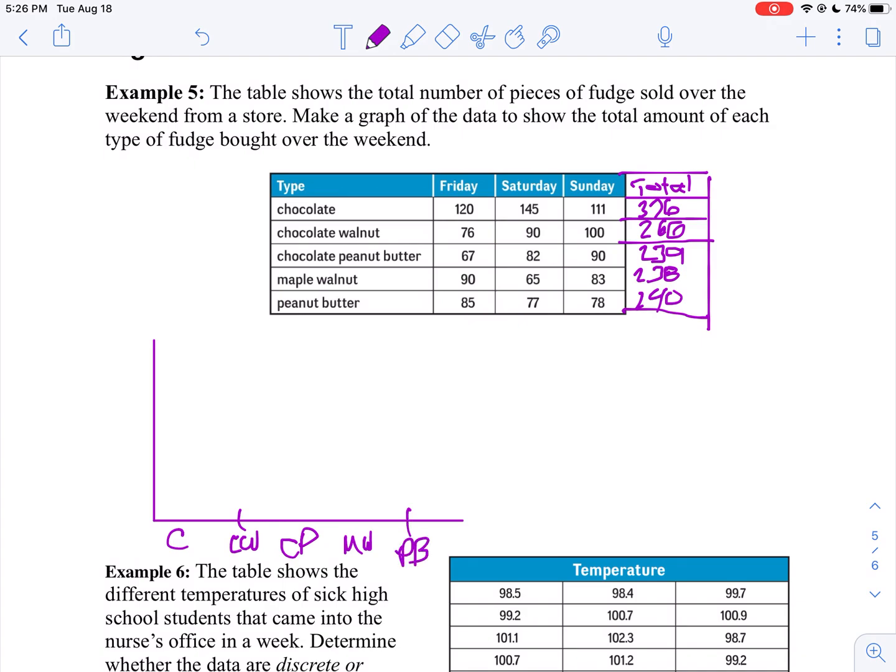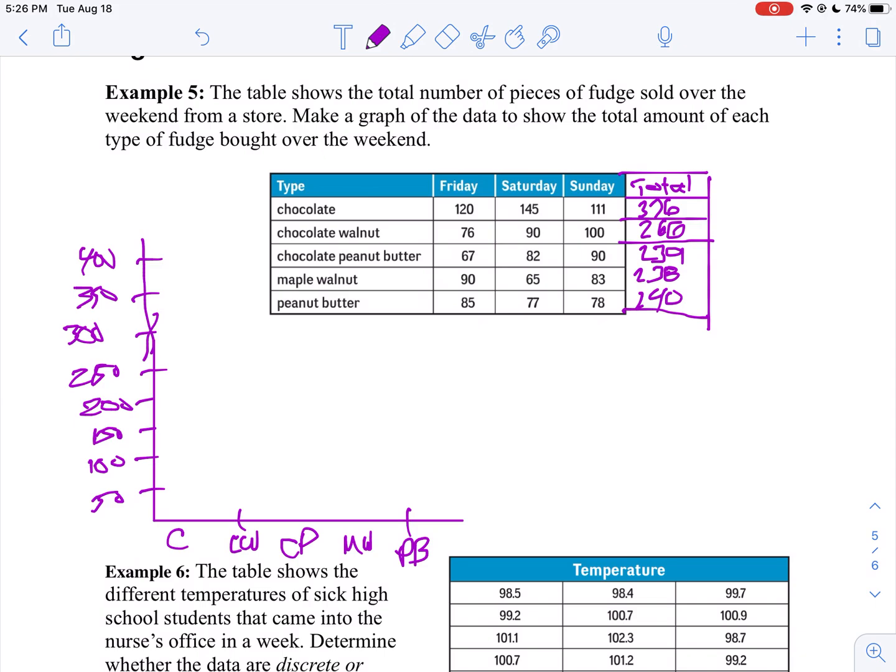Now, how are we going to scale our graph? Well, our biggest number is 376. So if I take 400 and I divide that by 10, I get 40. So I'm going to count by 50s. And now, let's just graph this.